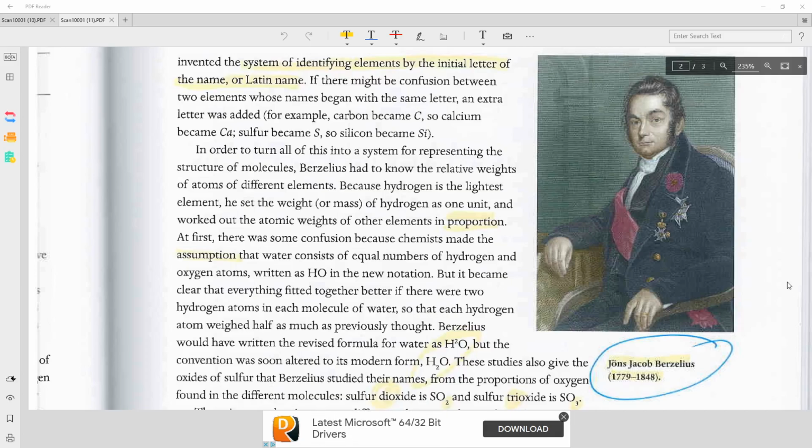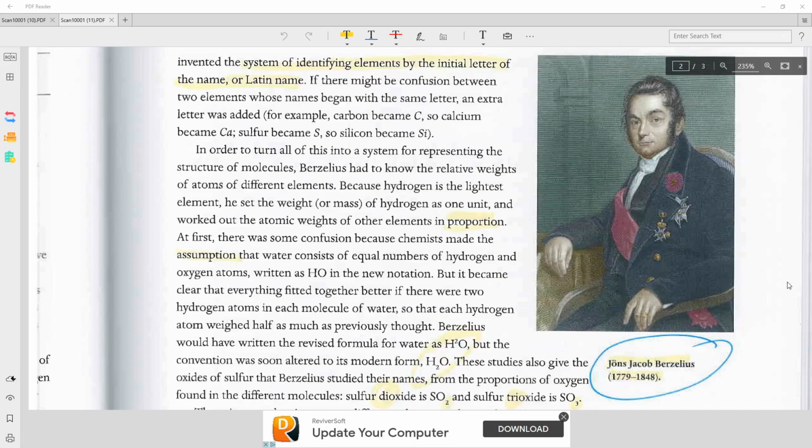At first, there was some confusion because chemists made the assumption that water consists of equal numbers of hydrogen and oxygen atoms, written as HO in the new notation.